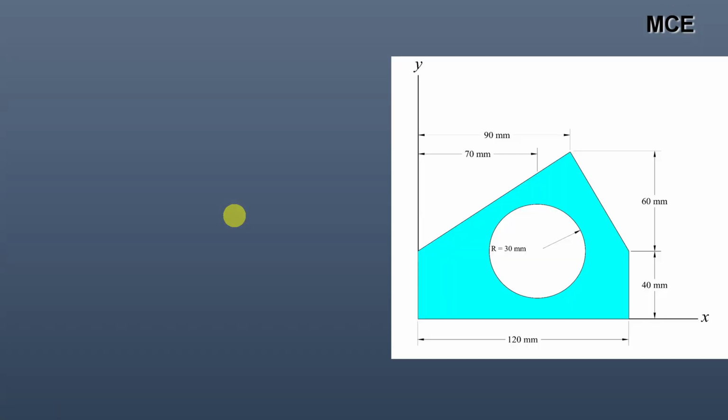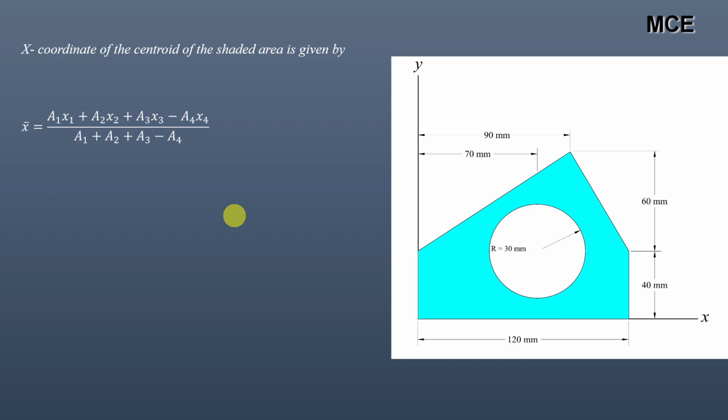After finding the centroid of all the geometrical figures, now you have to use the equation. So the x coordinate of the centroid of the shaded area will be given by this equation: a1 into x1 plus a2 into x2 plus a3 into x3 minus a4 into x4, divided by a1 plus a2 plus a3 minus a4. I am subtracting a4 x4 from the numerator and a4 from the denominator, because this circle has been cut out from this composite shape, and we don't have to include it.